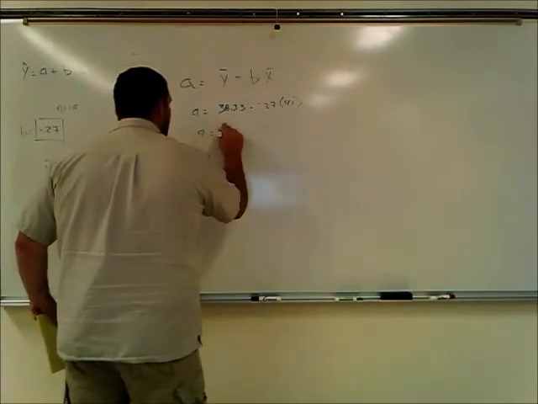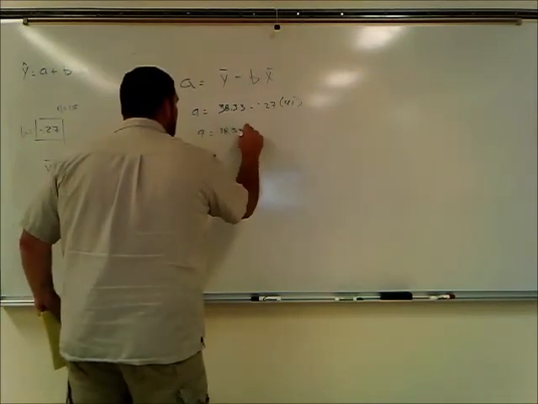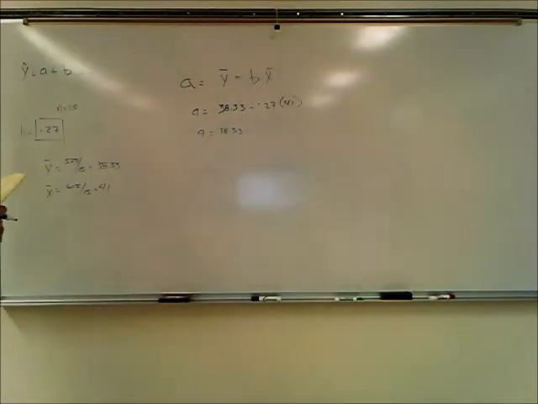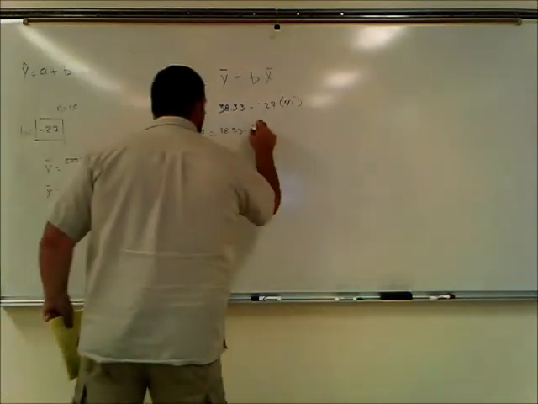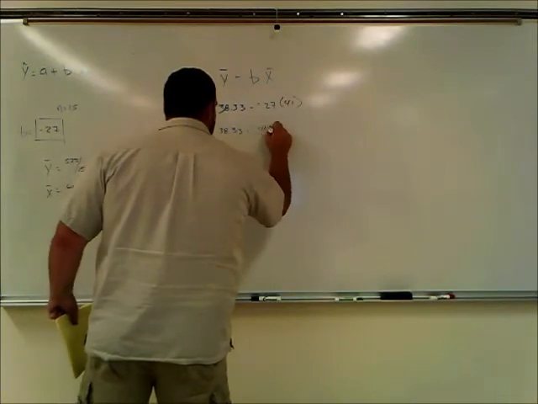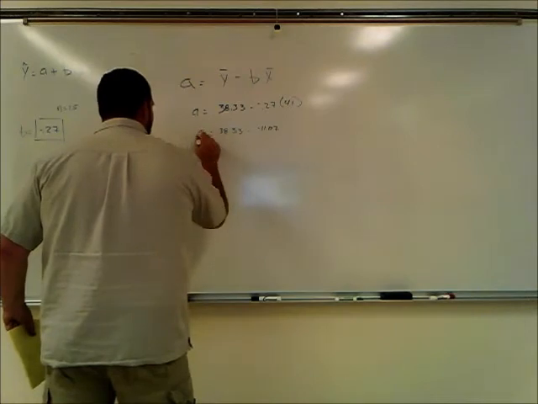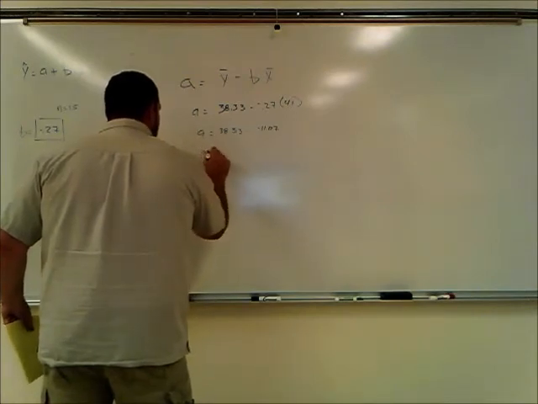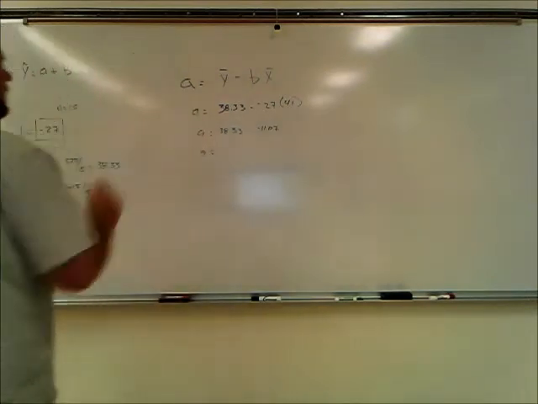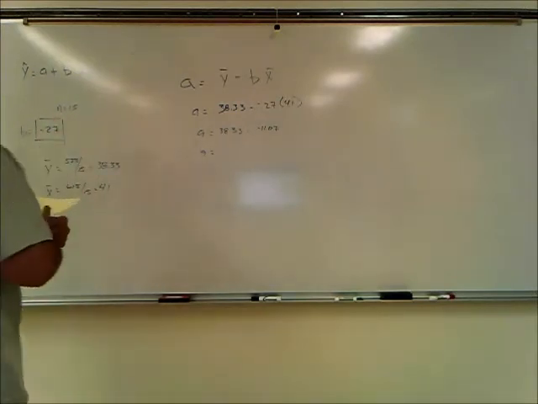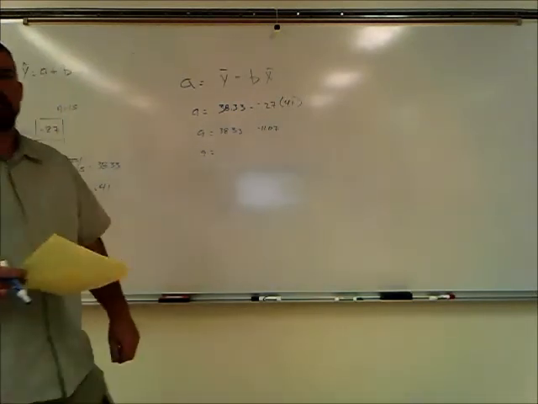Continuing on, 38.33. We take negative 0.27 times 41. We get an estimate of negative 11.07. In the final step, we take negative 11.07 and we subtract that from 38.33.